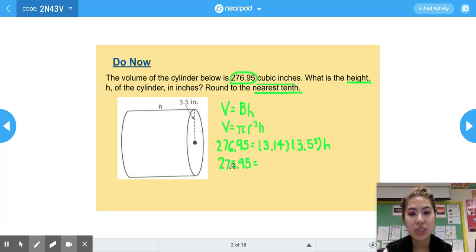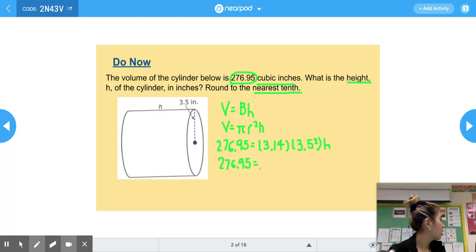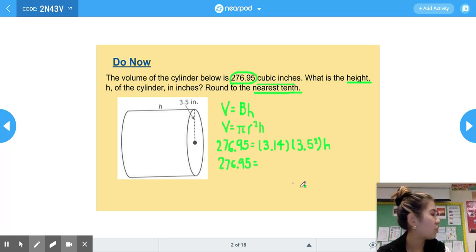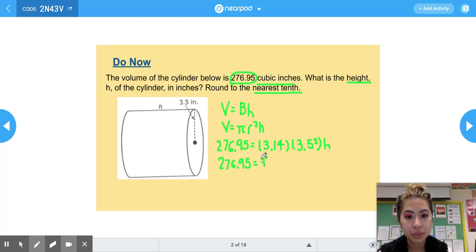So we have 276.95 is equal to 38.465 h. To figure out the value of h, or to move the 38.465 to the other side, we're going to divide both sides by 38.465.